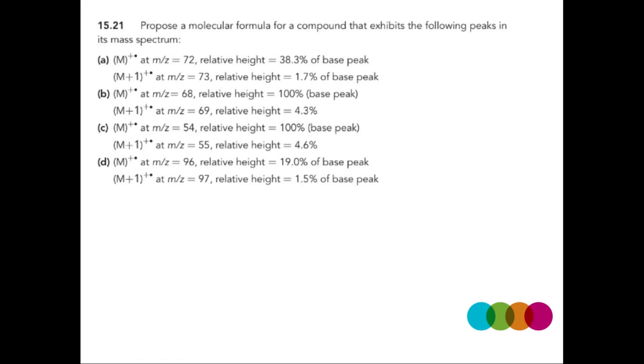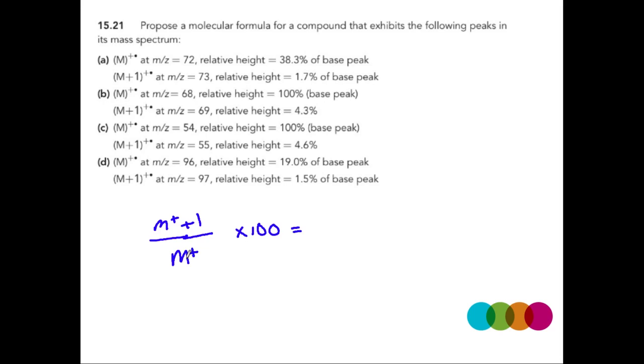What we do is we take the relative height of the M+1 peak, and we divide that by the relative height of the molecular ion peak, and we multiply that times 100 to give us the relative height of the M+1 peak to the molecular ion peak.